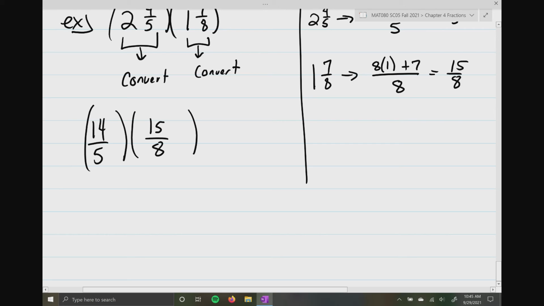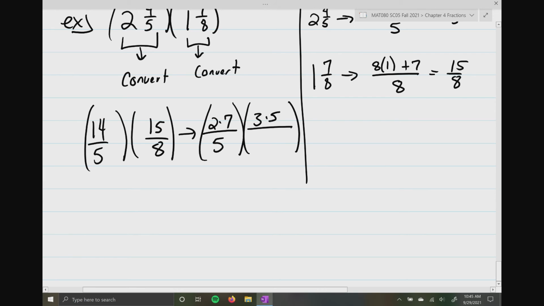So, you know me, I like to break everything down. So the 14, that's going to turn into 2 times 7. The 5 is prime, so it stays the same. The 15, that's going to be 3 times 5. The 8 is going to be 2 times 2 times 2.